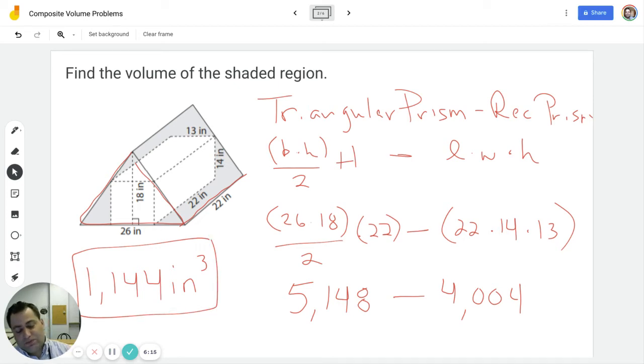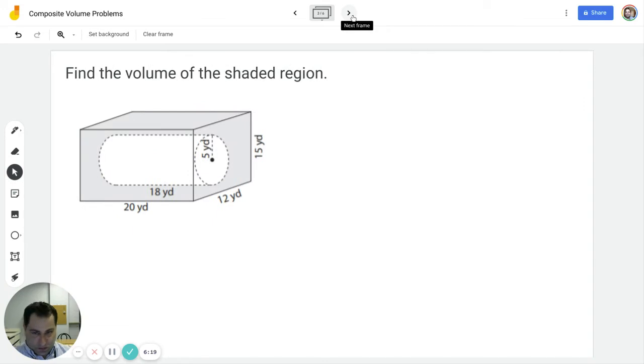Let's try the third one. Similar problem here. I have a rectangular prism with a cylinder cut out of it. So I have, again, prism minus cylinder.